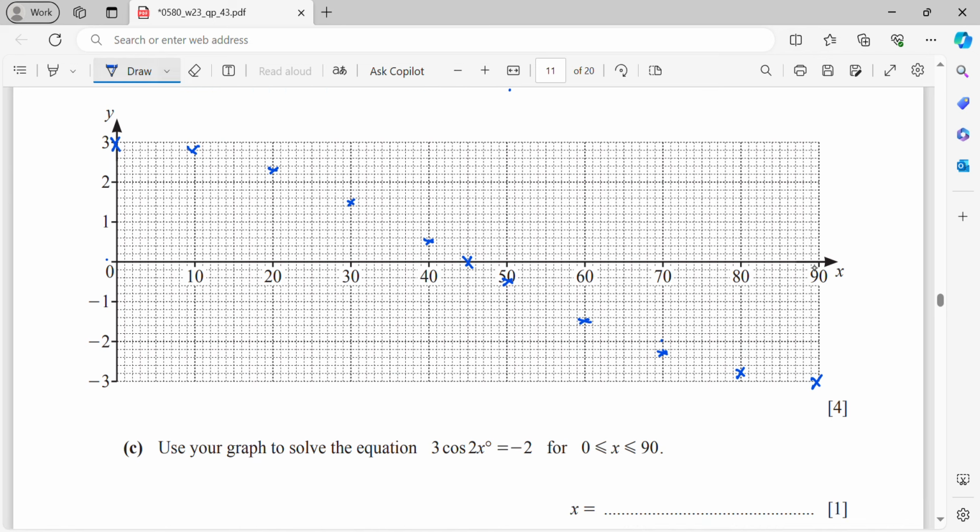So when you draw the points, make sure it's a curve.